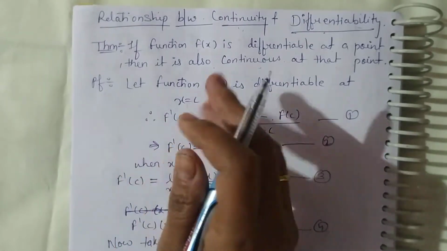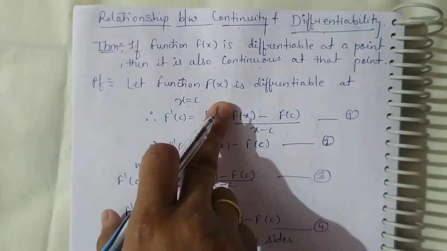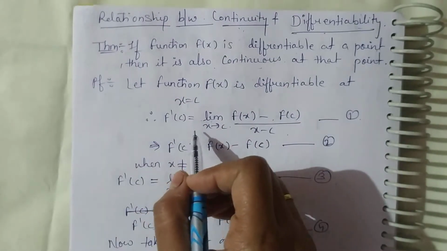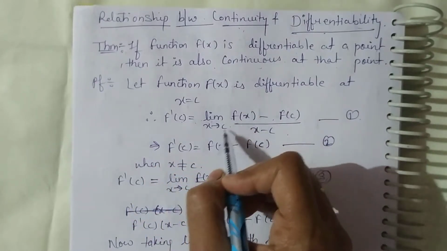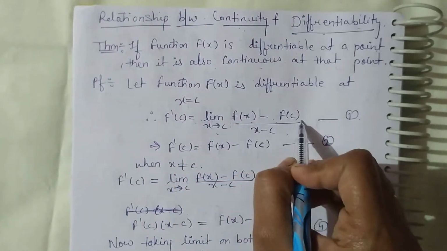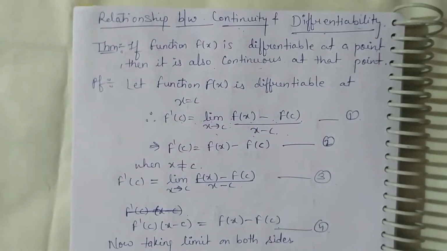Let us consider f of x be a function that is differentiable at x equals c. Then by using the first principle of differentiation, f dash of c is equal to limit x tends to c of f of x minus f of c upon x minus c. Take this as equation first.